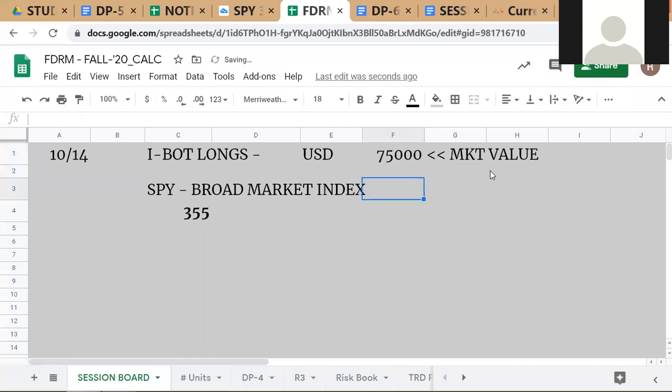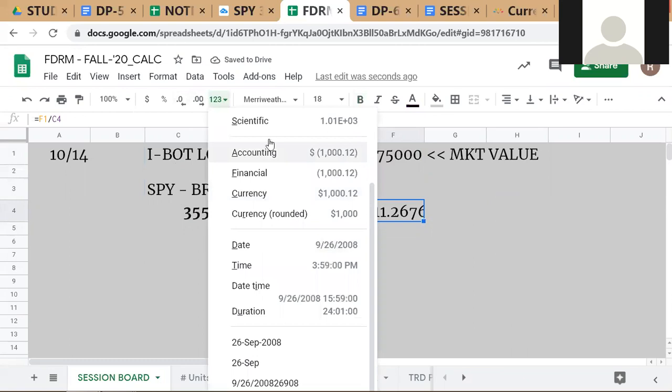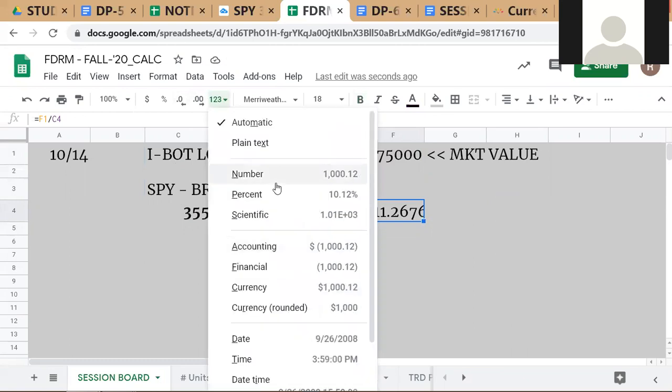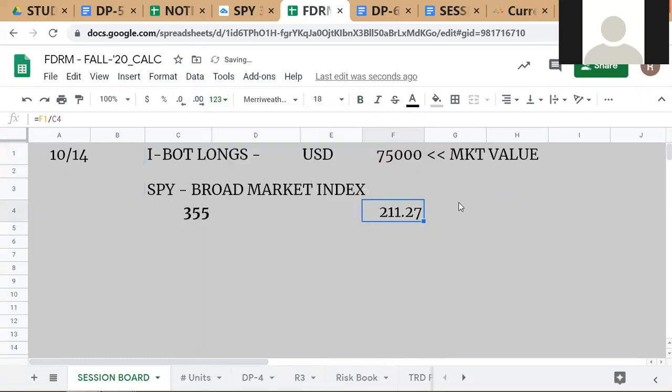Okay, so now per unit SPY the price is 355. So you can't sell this stuff for whatever reason. So what you want to do is sell the broad market as a hedge. So you take the market value here, $75,000, and divide by 350. Okay, so that comes to, as a two decimal number, 211.27.